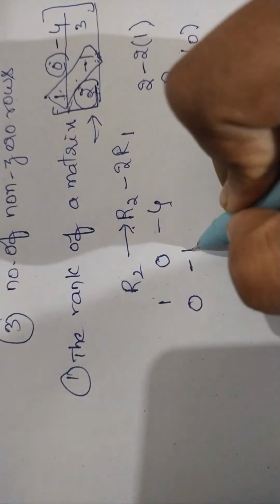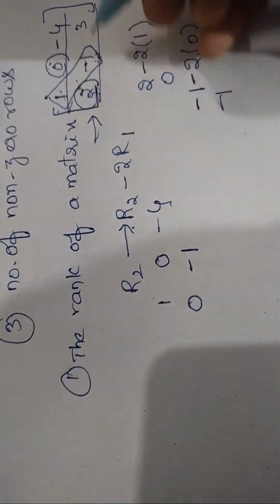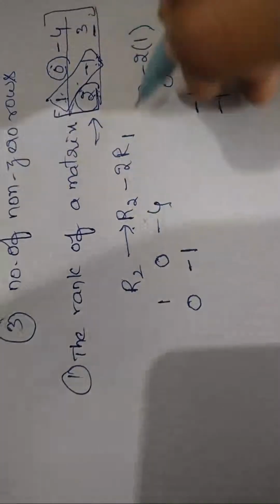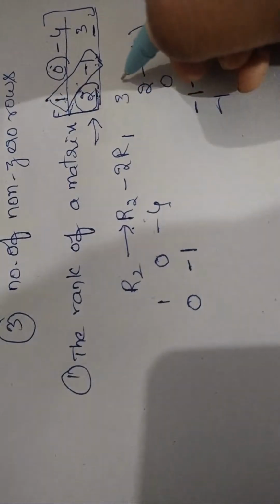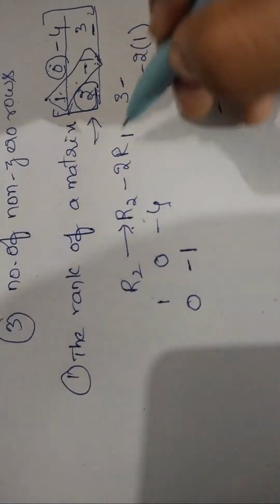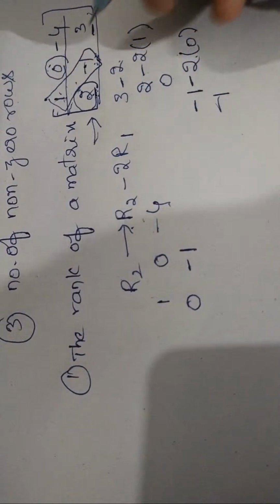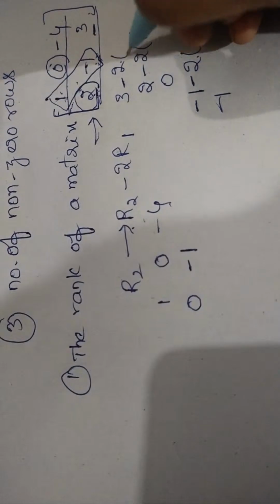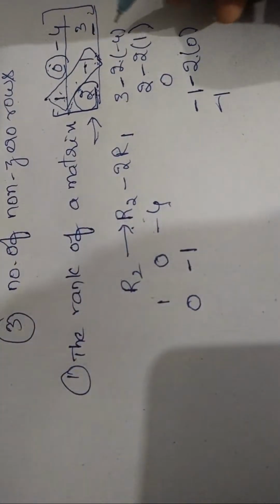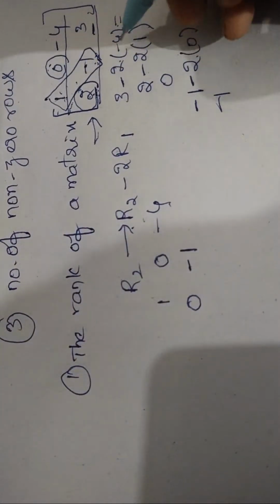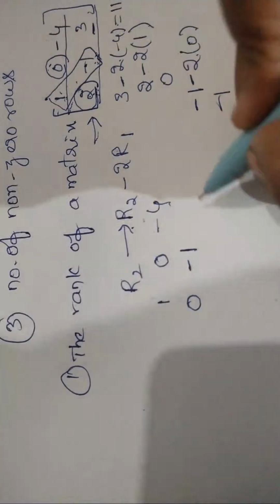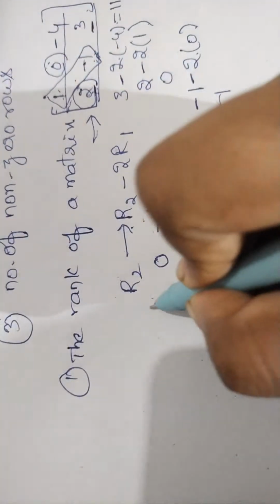I will write minus 1. The last element is 3. So 3 minus 2 into R1, where R1 here is minus 4. 3 minus of minus becomes plus, so 3 plus 2 fours are 8. 3 plus 8 is 11. So I got 11 here.